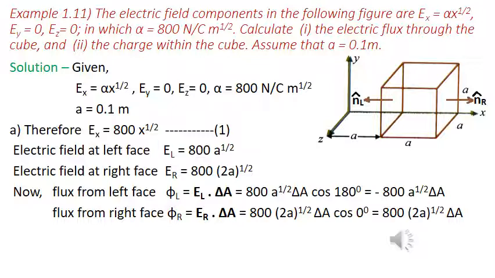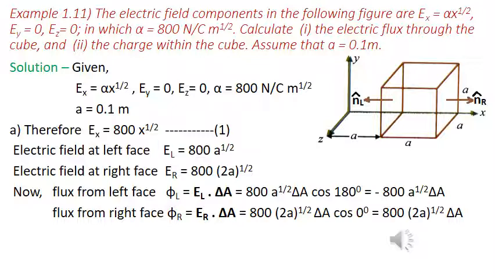Now we can write the flux through left face is EL dot delta A, which is 800 into a to the power half delta A cos 180 degree. Here delta A is the area vector of left face, and the angle between area vector and electric field is 180 degree because the direction of electric field is along positive x direction and the direction of area vector is along negative x direction as shown in figure.